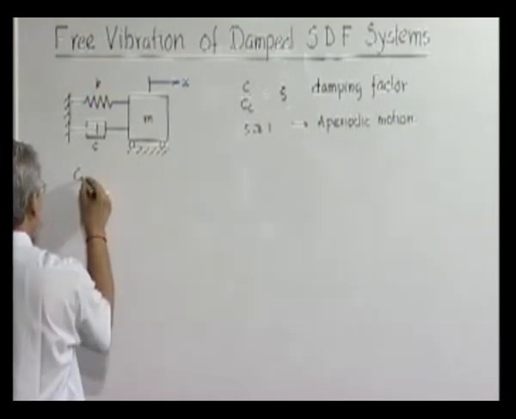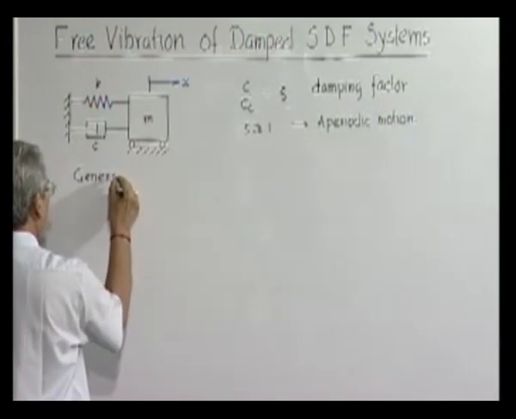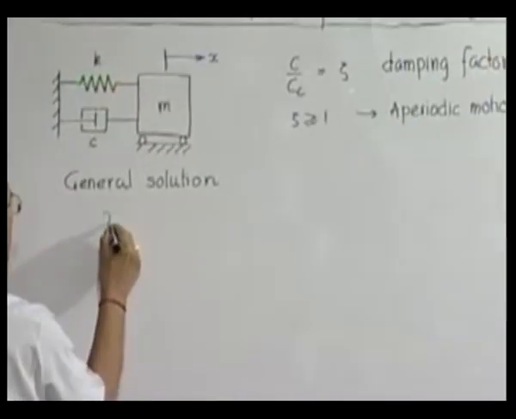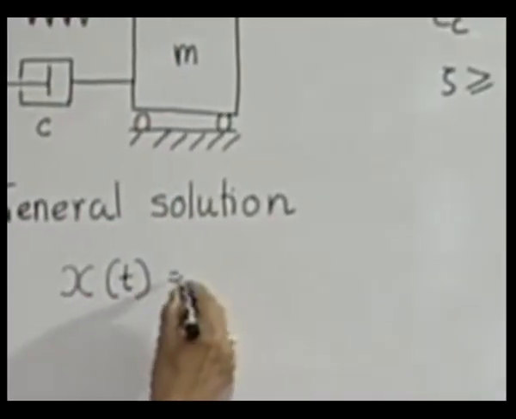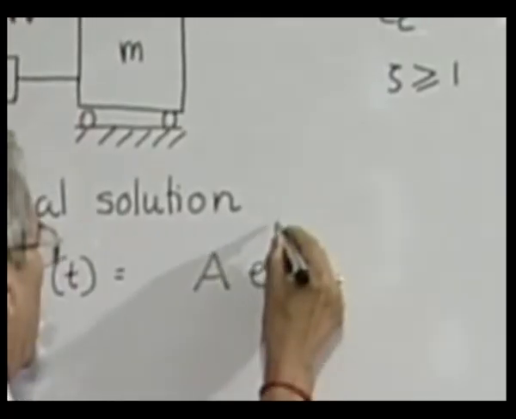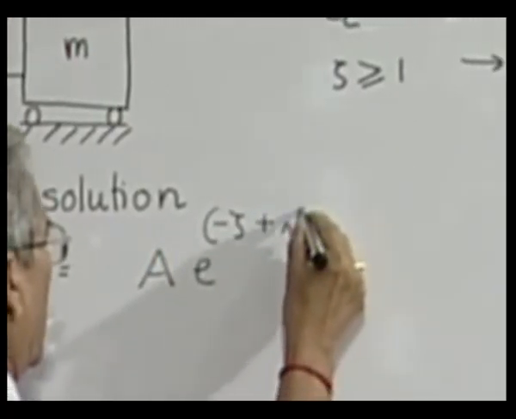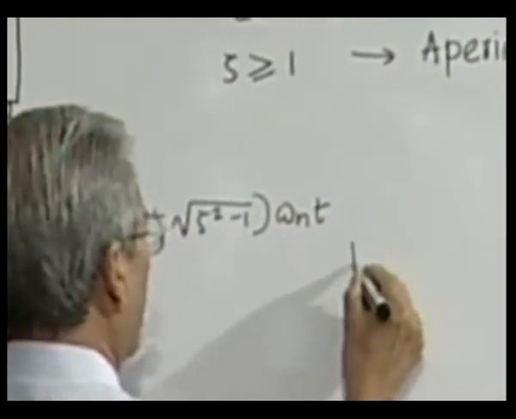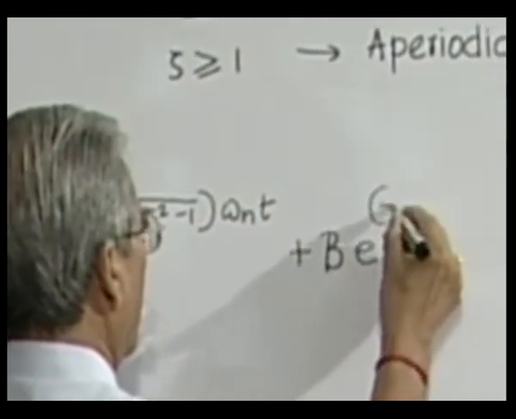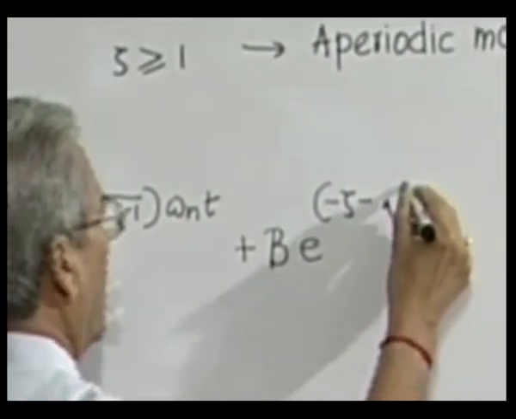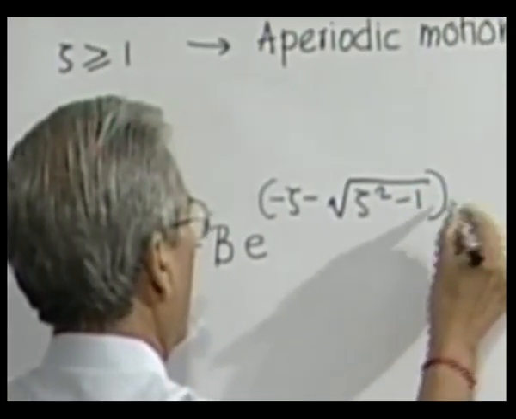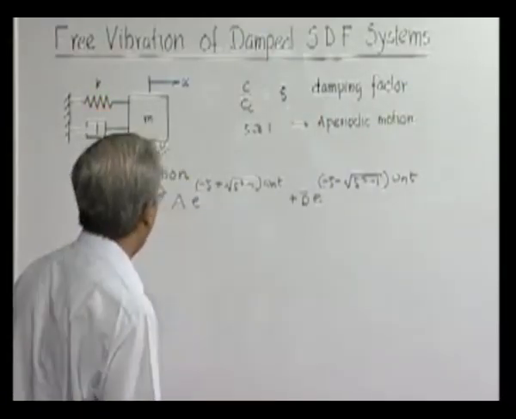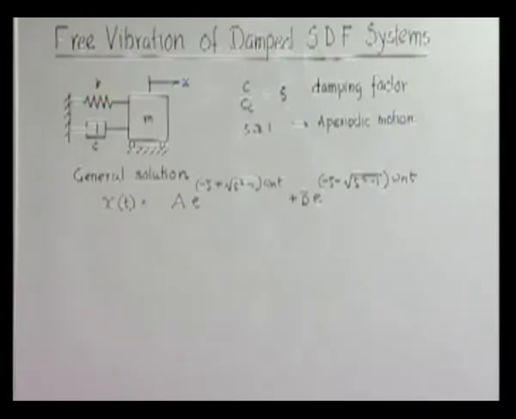The general solution for x can be written like this, where A and B are to be determined from the initial conditions.